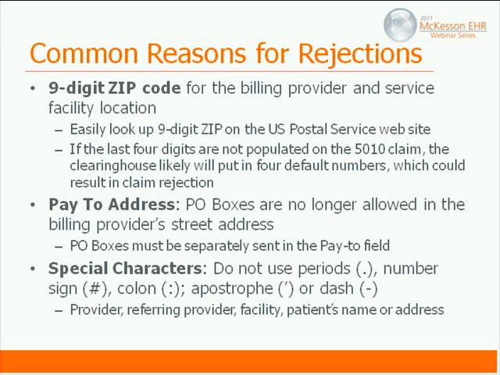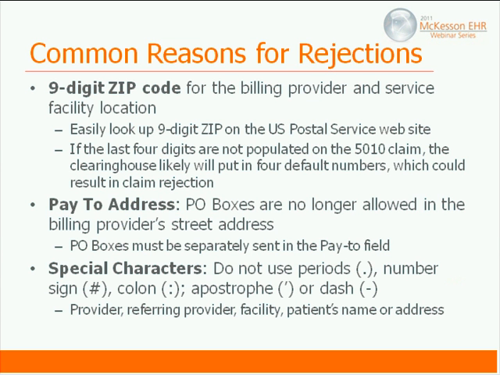In terms of where we know claims are rejecting, these are some of the common reasons for rejections. So just so you kind of know, some of this is information that you capture in your practice management system, and some of it is some procedural things that you'll want to look at. The 9-digit zip code for billing provider and service facility location, that's the biggest one that's causing rejections, and it's very easy to fix.